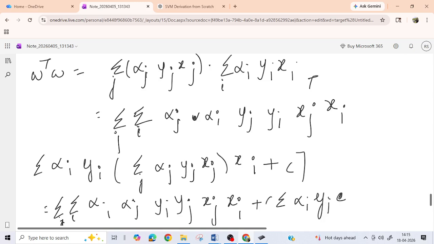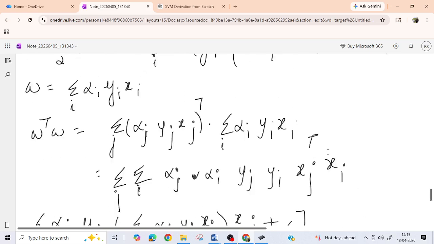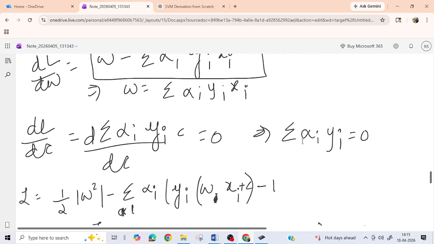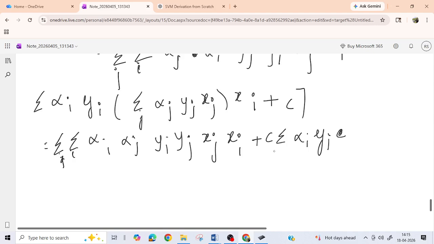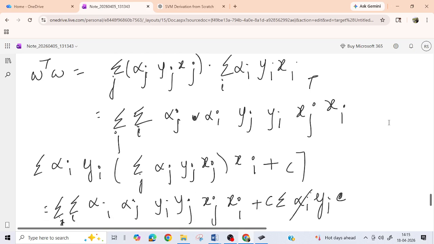C can be put outside, right? And if you look into this, we derived earlier that the summation of alpha I yi is equal to 0. So this becomes c into 0, so you can remove this. And the last term which was left is minus summation of alpha I.